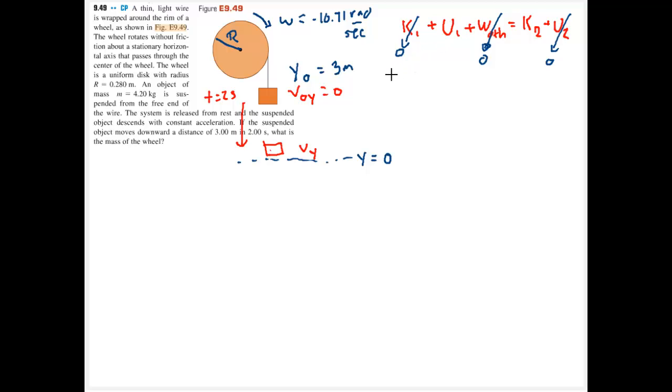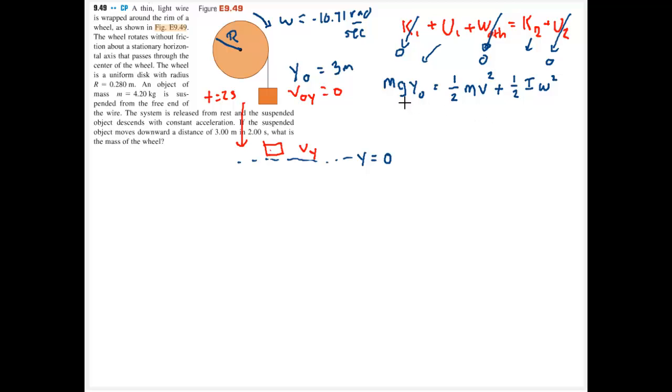So I'm starting off with some initial potential energy, and that is simply stored in the fact that this mass was originally at some height. So mass times gravity times y naught is my initial potential energy. After it's fallen for 2 seconds, I have two types of kinetic energy. I have the block, which is moving at the velocity I solved for, 3 meters per second, and then I also have some energy in the wheel, because the wheel is now rotating, that is 1/2 I omega squared.